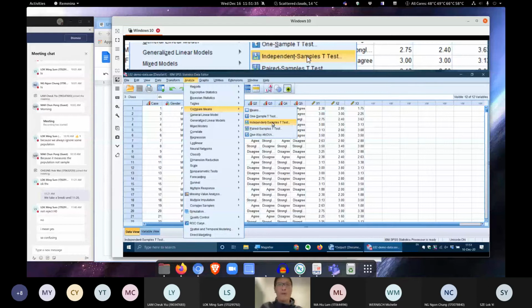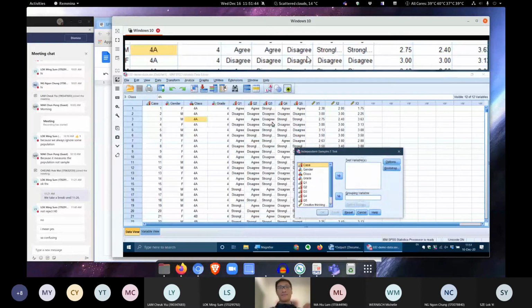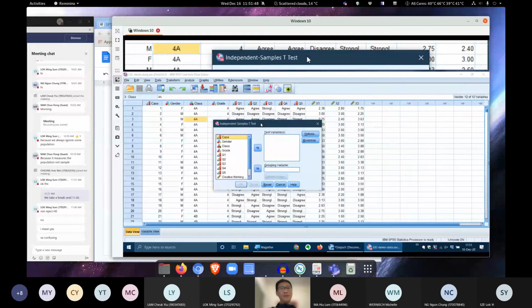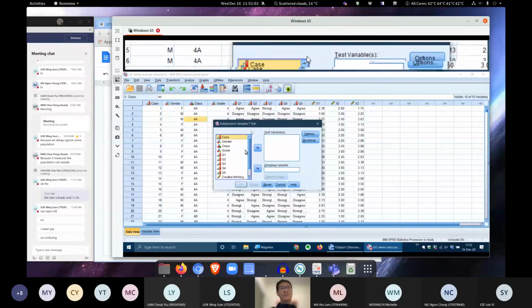And there are two of them, so two independent samples. In this case, we use the independent samples t-test. Now, for the independent samples t-test, you do not need to input the test value because we do not care about the value of the population mean. We just want to know if there is any difference between the two groups.